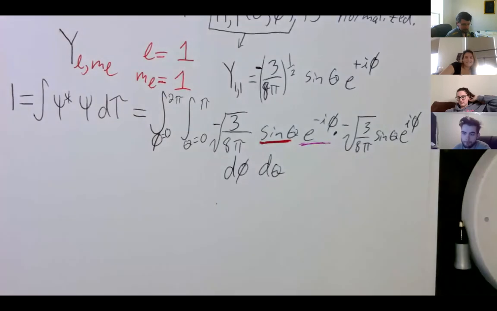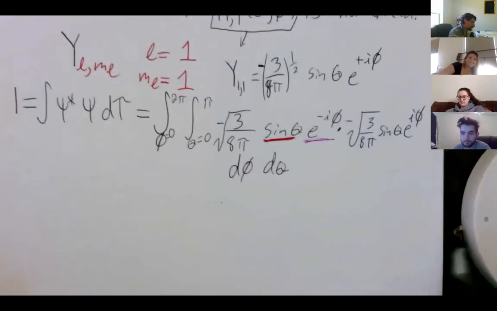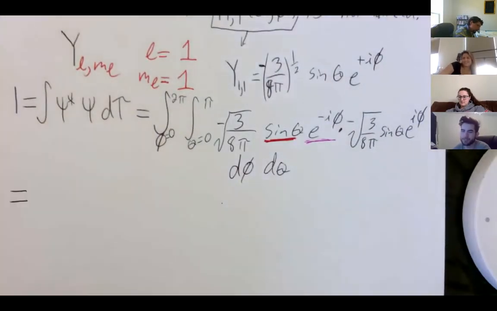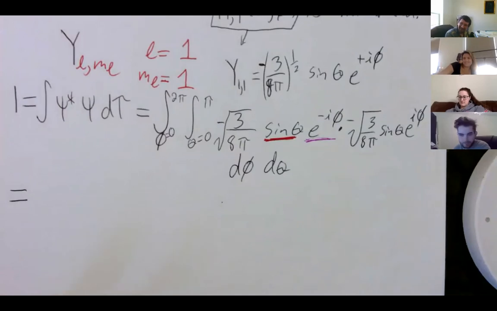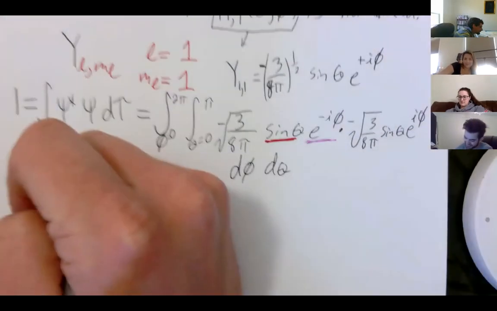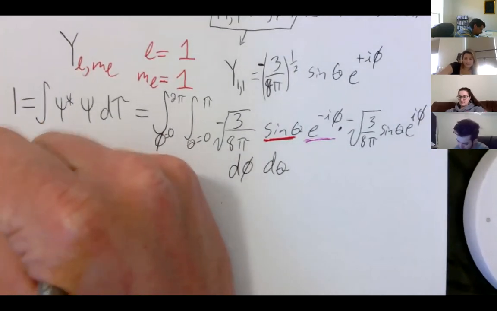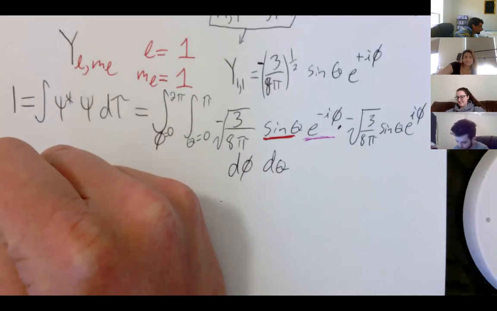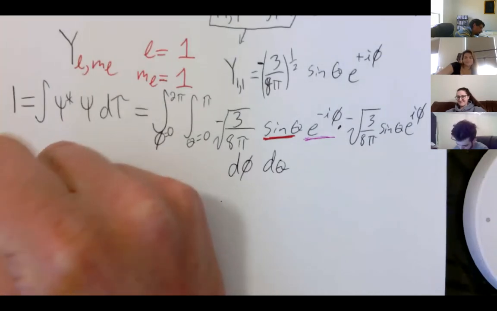So what do you think we can do? Separate them. Yeah, let's do that. But isn't that term just going to be 1, so it doesn't even matter? It doesn't, but let's separate them out for now.